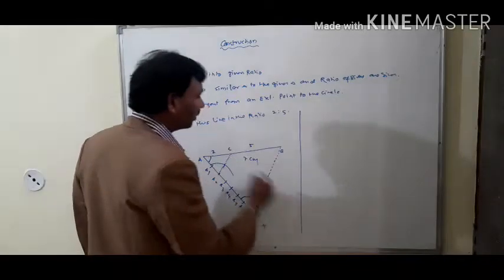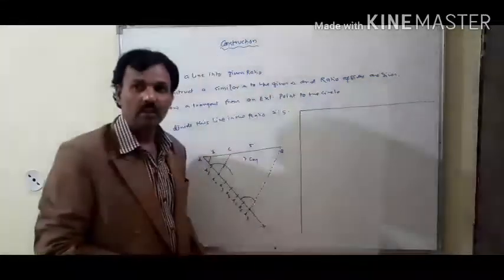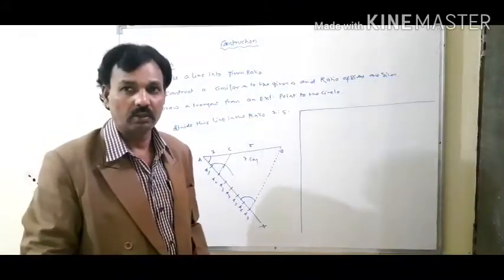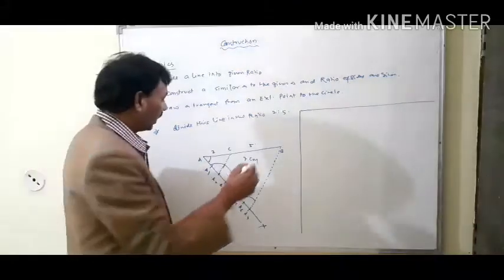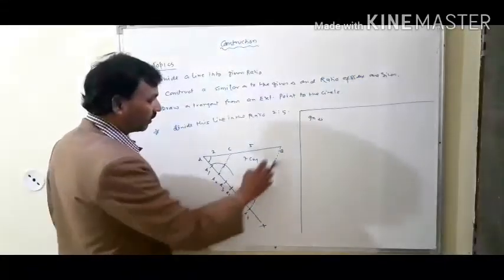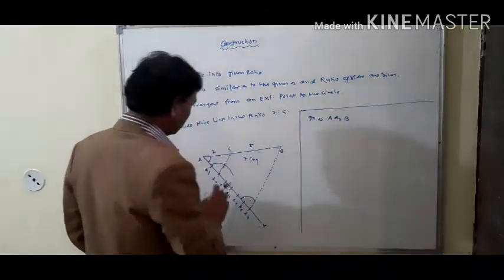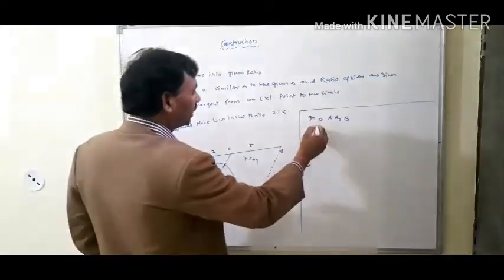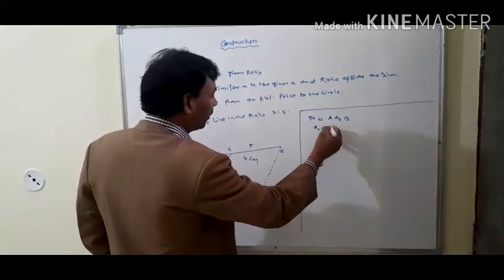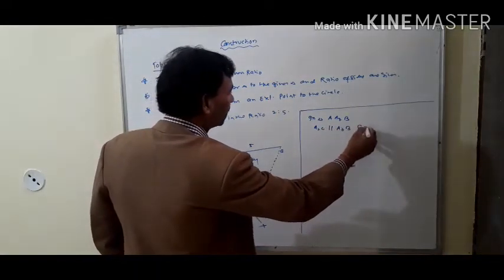Now, we have already discussed in the chapter, Thales theorem. As you see here, in triangle A7B, A2C is parallel to A7B by construction.